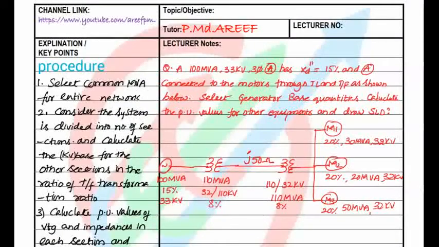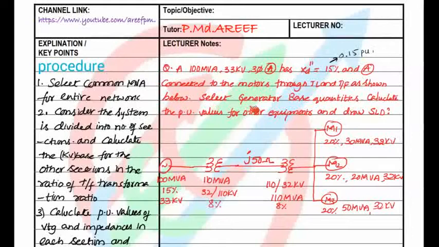So next we'll try to solve a new problem. Here a 100 MVA, 33 kV, 3-phase alternator has X double dash, the subtransient reactance, of 15%. So this is equivalent to 0.15 per unit, and the alternator is connected to the motors through a transmission line and transformer as shown here.